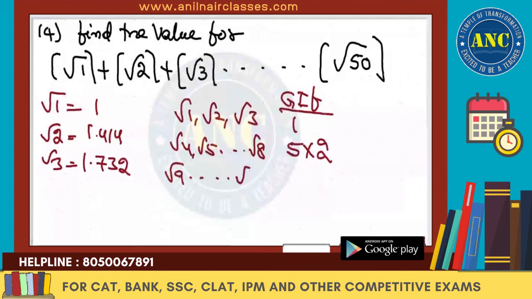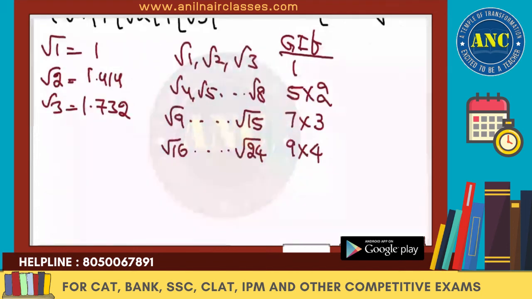Root 9 till the next perfect square, root 15, will give you 7 into 3. Root 9 is 3, root 10 is 3 point something, root 11 is 3 point something. Root 16 to root 24 will give you 9 into 4.